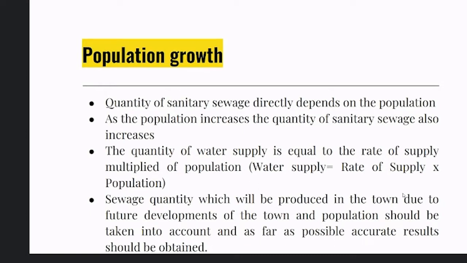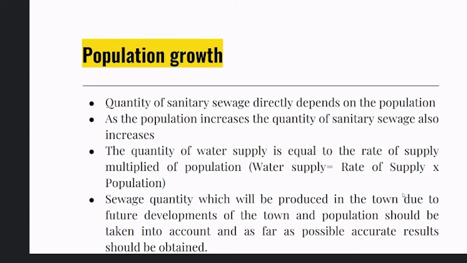So for population growth, kaya kasama ito sa factors na nakaka-apekto sa ating DWF is because kung gaano karaming tao ang nag-occupy sa isang lugar, ganoon din kalaki dapat or ganoon din dapat karaming tubig ang dapat nating i-supply.